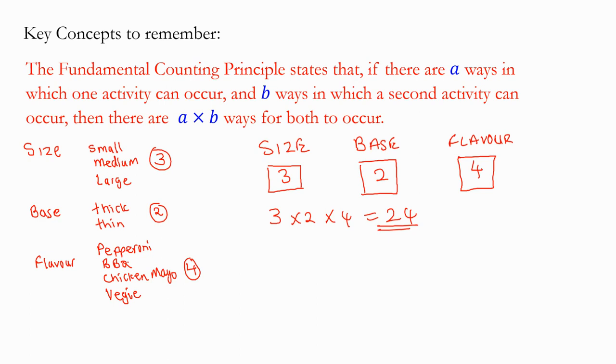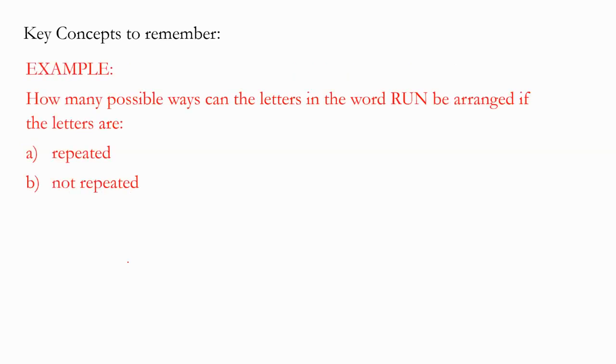Now, that's what it means when I talk about the counting principle. Let's use the letters of a word, for example. Let's say the question says, how many possible ways can letters in the word run be arranged if the letters are repeated? We're going to start with A, repeated, and then B, not repeated.